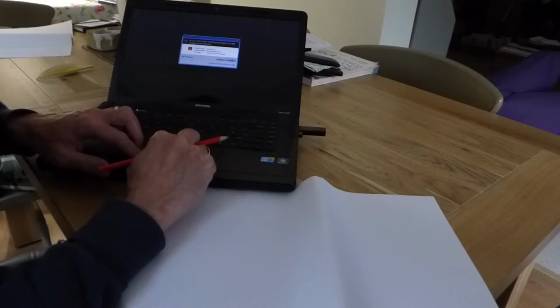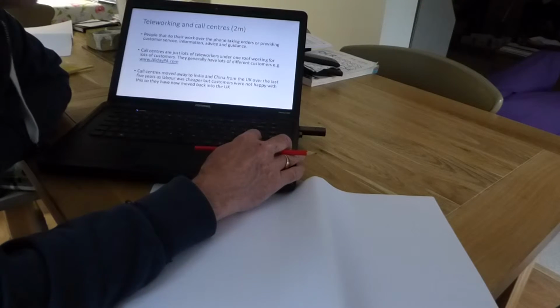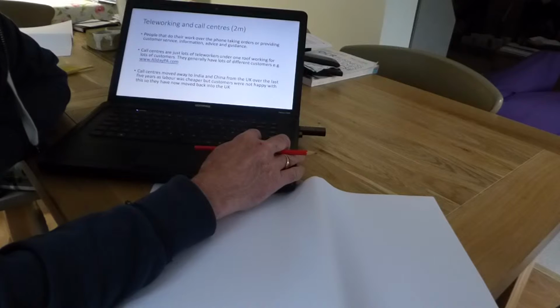And teleworking, call centres particularly, allowed a whole industry to set up where people actually employed other people to take orders and provide customer service, advice and information.